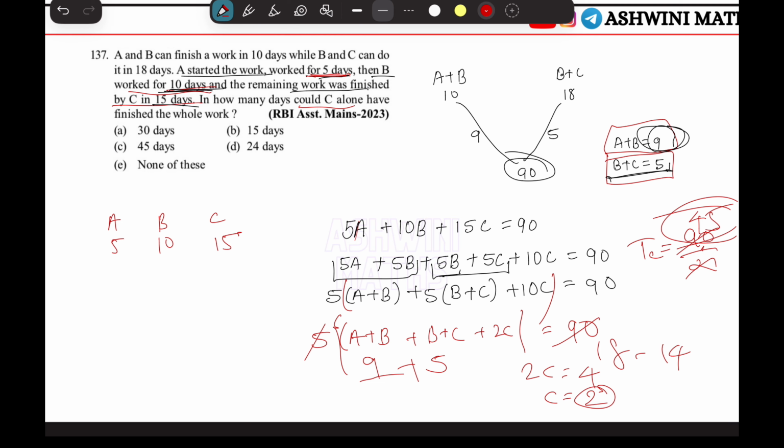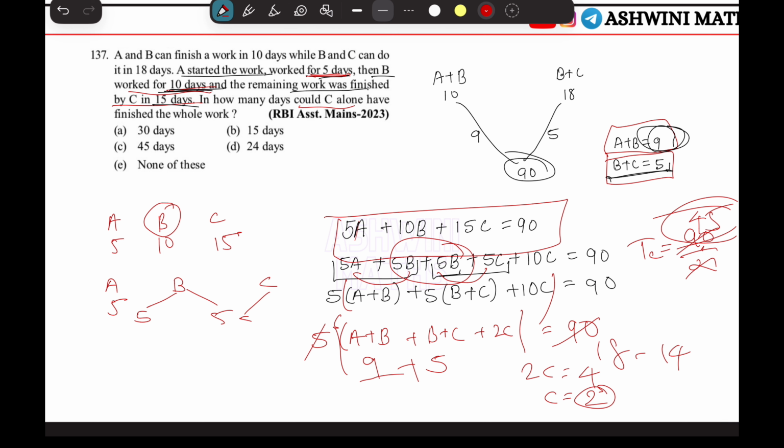It indicates that we can divide the contribution of B along with A and along with C. What we have done in this question is that part of the contribution of B goes to A and some part goes to C. So B plus B total contribution is for 5 days, A plus B total contribution is for 5 days, and this is how we solve the question.